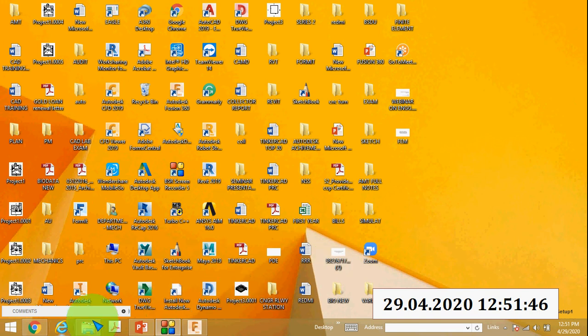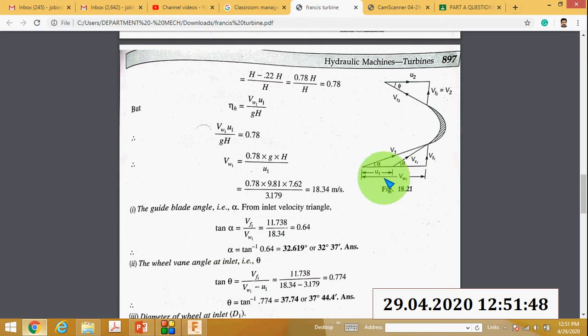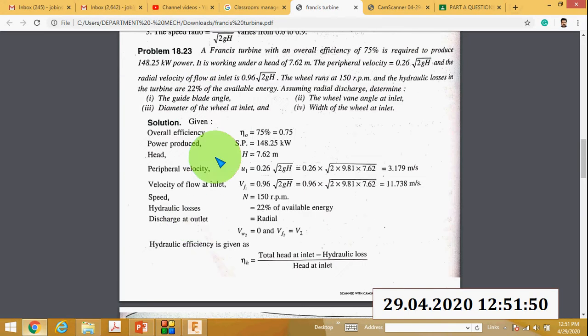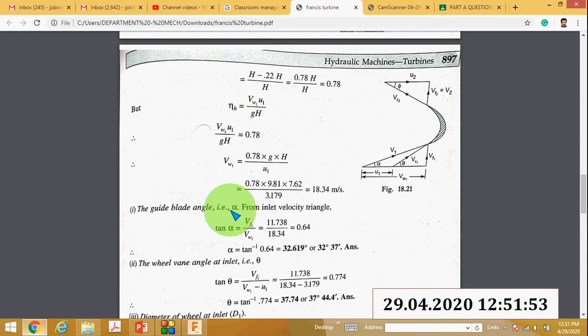Then first you have to find the guide blade angle. You can see the guide blade angle, so guide blade angle is equal to alpha. You have to apply tan alpha. Tan alpha is equal to opposite side by adjacent side. Opposite side is Vf1 and adjacent side is Vw1.